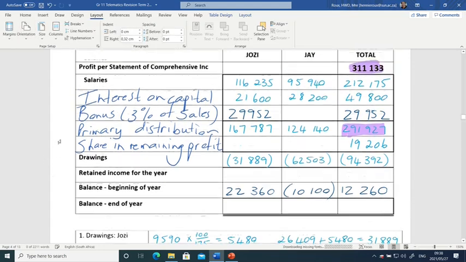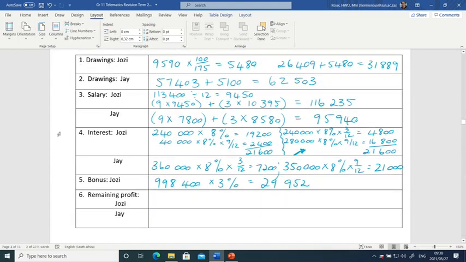If we show the distribution at the bottom, we know now that it is the 19,206. So for Josie, 19,206 times 4 out of the 9 parts, 8,536, and J, 19,206 times 5 out of the 9, and that will give 10,670.